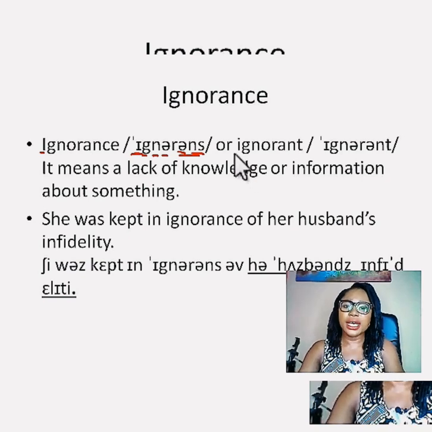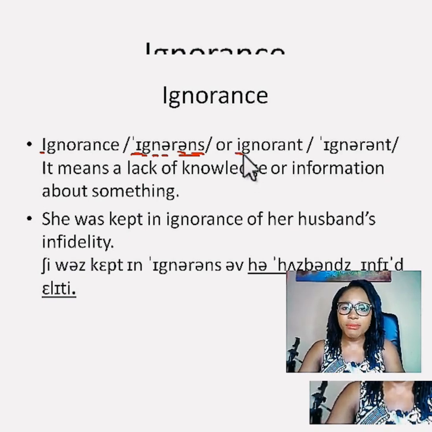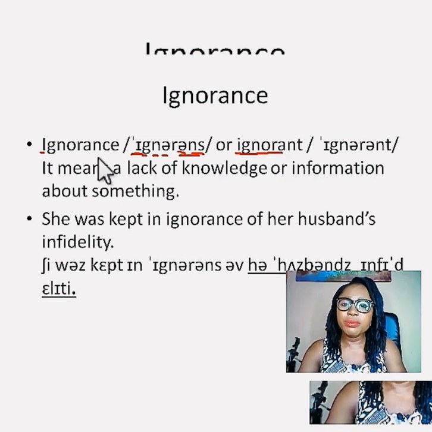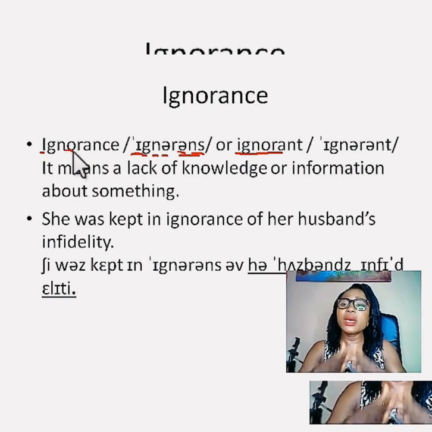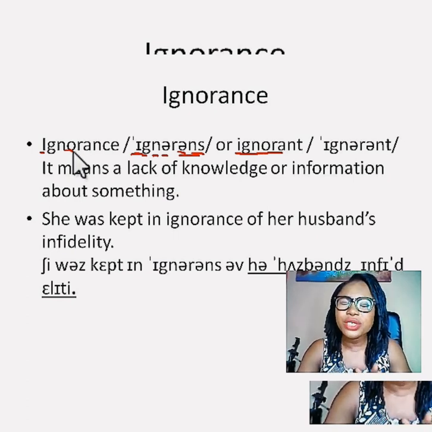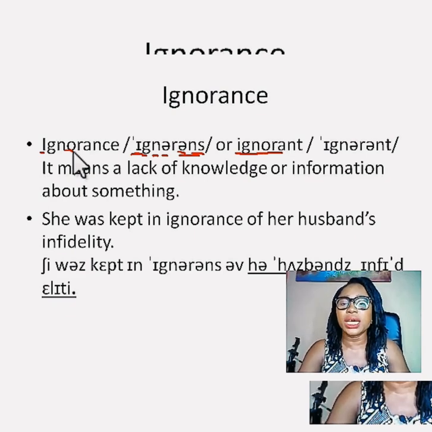Let's go to the next part. Okay, let's establish something. This letter O here is confused for O. It's not O, it changes to a short vowel. So each time you want to pronounce this word and you remember that the letter O in this word is not O but a short vowel, you will be able to pronounce this word accurately.